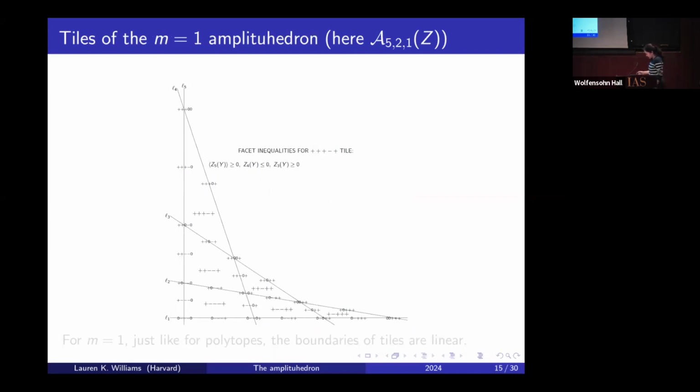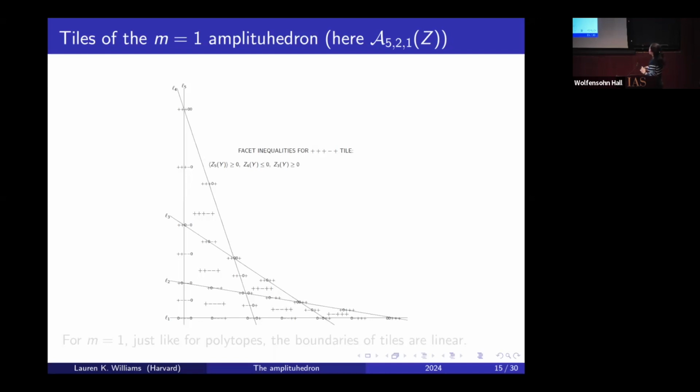Okay, so let me tell you what tiles look like, and we'll start with the simplest kind of example. So this is an m equals 1 picture. For m equals 1, I told you that the amplituhedron is the bounded complex of a hyperplane arrangement. Here we've taken n equals 5 and k equals 2. So what you see here is 5 hyperplanes in 2-dimensional space.